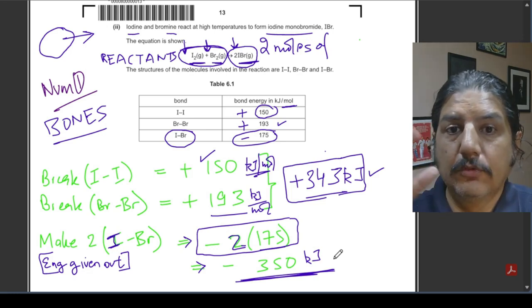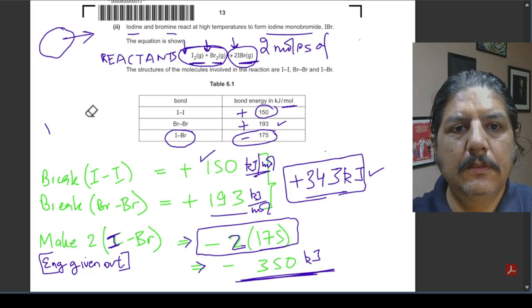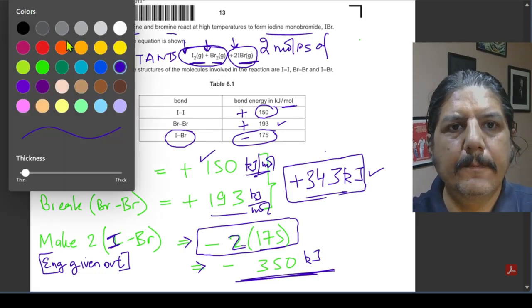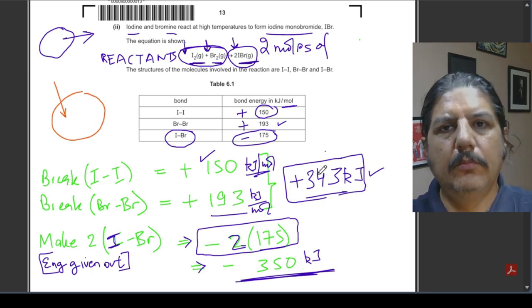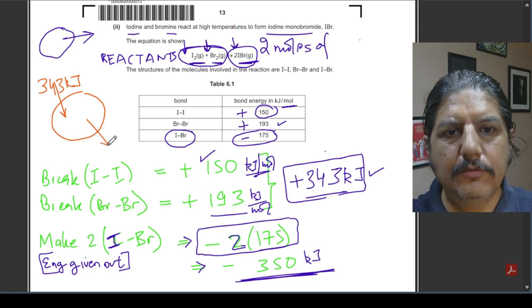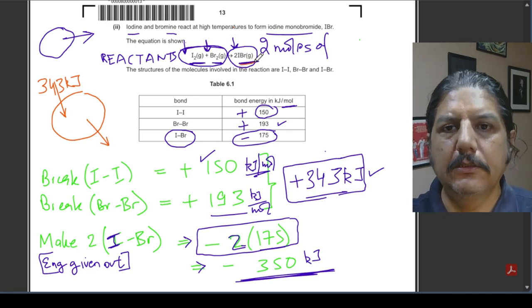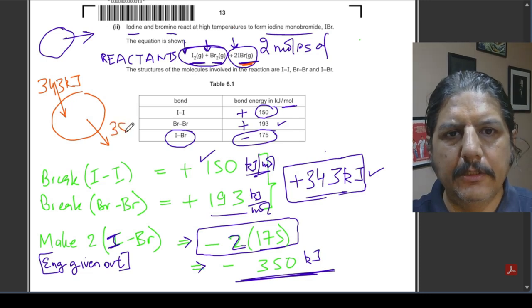So if you want to visualize, one way of visualizing this is that if this is the system, then the energy required to be put in the system would be 343 kilojoule, and then the energy which will be released when the products are formed would be 350 kilojoule.